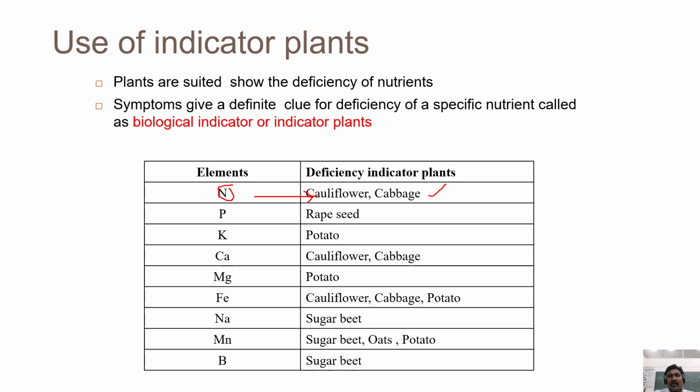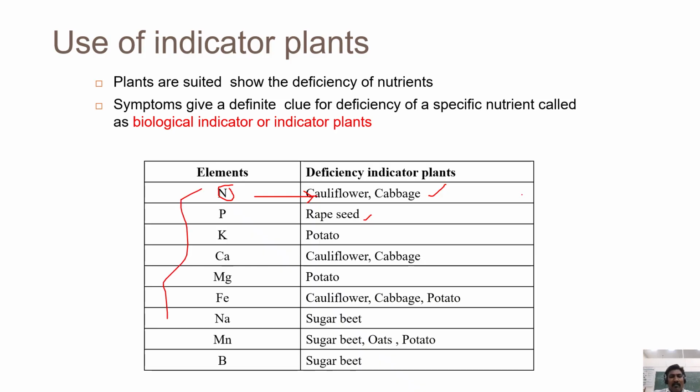We all know chlorosis is a nitrogen deficiency symptom that appears very clearly in cauliflower, cabbage, and maize. Likewise, phosphorus deficiency appears very clearly in rapeseed, and potassium in potato. These plants immediately show deficiency symptoms if the nutrient is deficient in the particular soil.